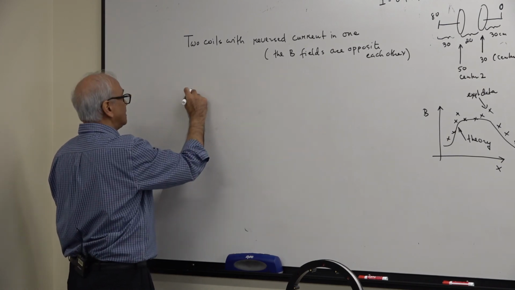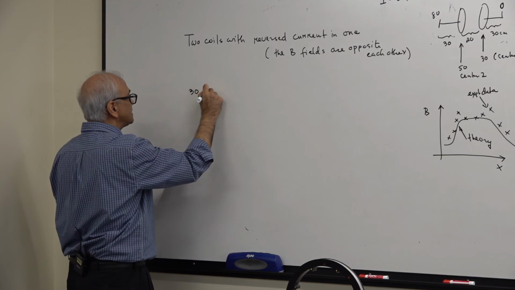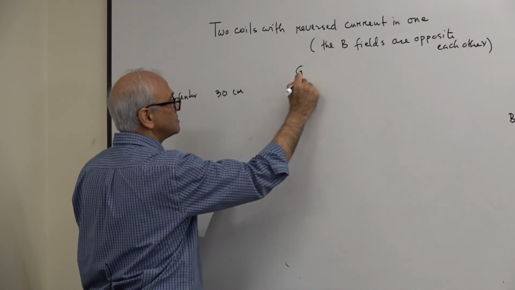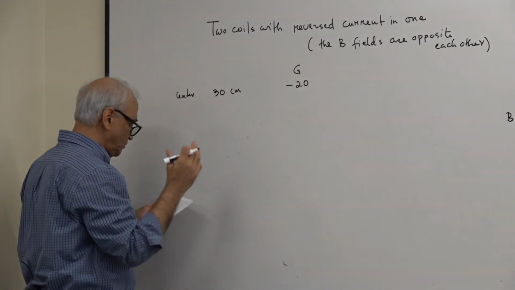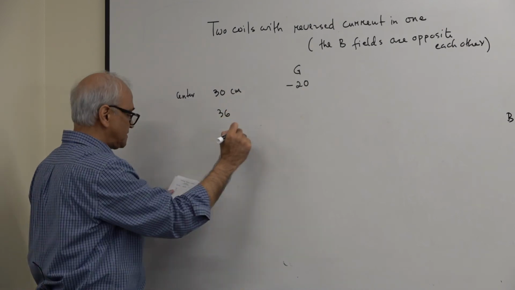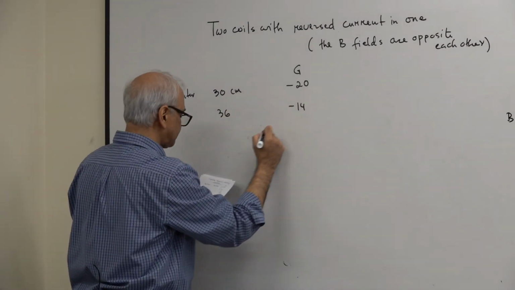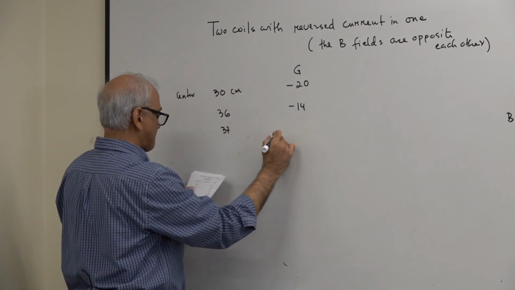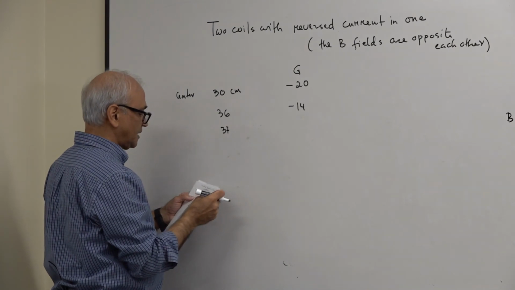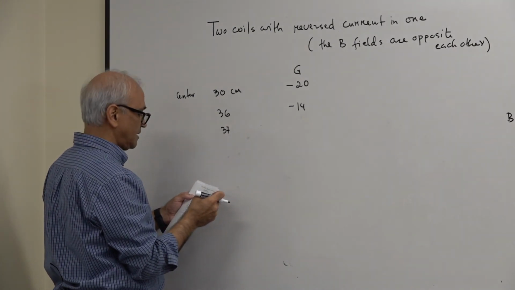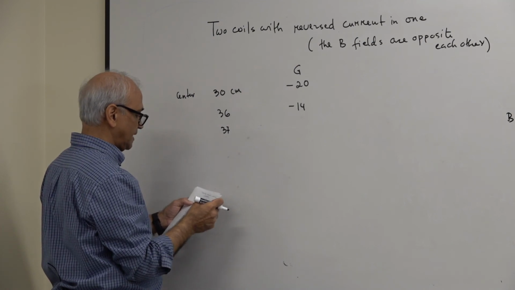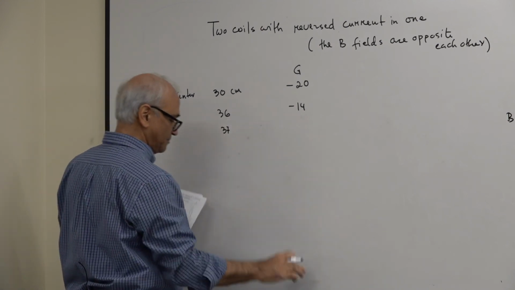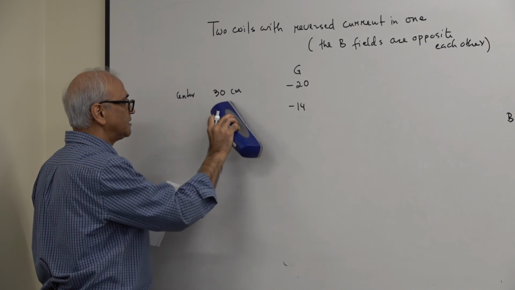Okay, so I have 30 centimeter. This is the center of one of them, which is, this is the Gauss, minus 20, so it's only along one direction. 36 is minus 14. 37 is, sorry, I needed 35 here.